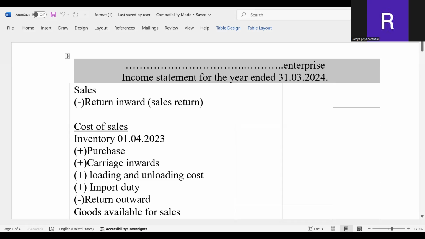If a sales invoice was completely omitted, it should be done from the beginning. Then goods sent on sale or return basis. At the same time, inventory adjustment and bad debts and outlays also should be done at the same time.